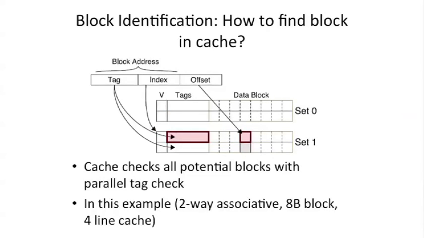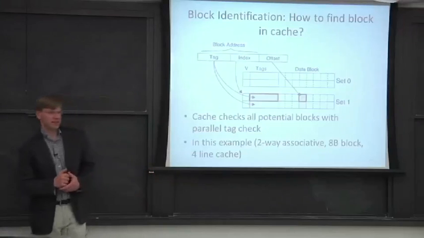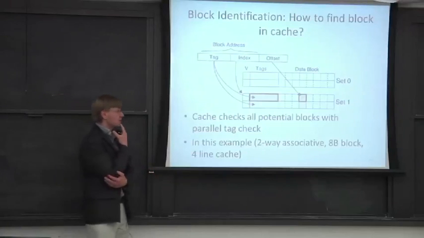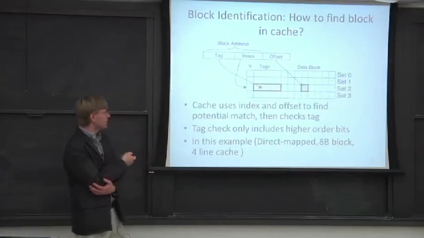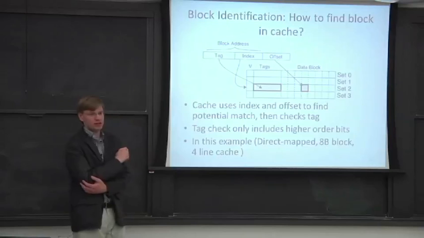OK, a little bit more advanced example here. We have a 2-way set associative cache, still with 4 lines, and we want to go find our data. So how do we go about doing that? What's interesting here is that when we did this before, we only had to check one tag location.